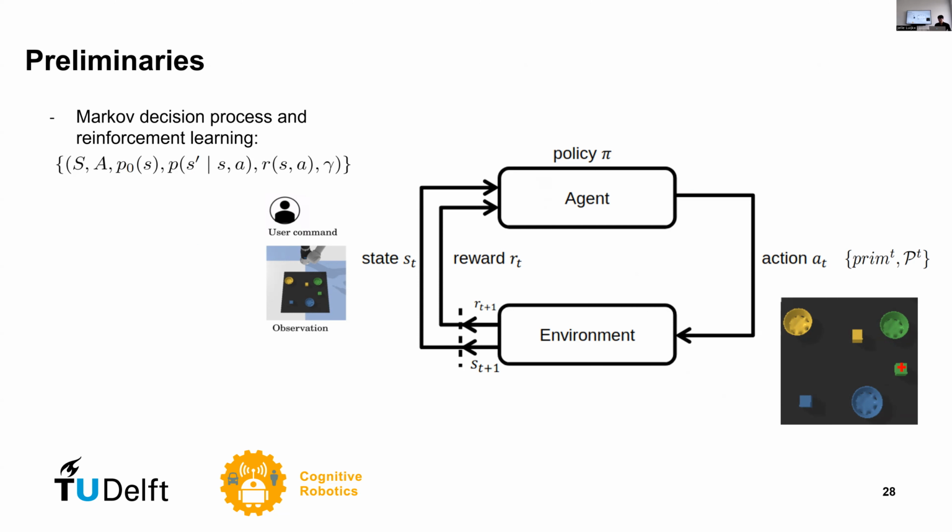In our case, the action is a primitive index indicating whether to pick or place, and pixel positions in 2D. After the agent takes the action, the environment gives reward feedback for this step and also the state at t+1 of the next step. It does this iteratively in a loop, and reinforcement learning learns from those reward feedbacks to get the optimal policy.